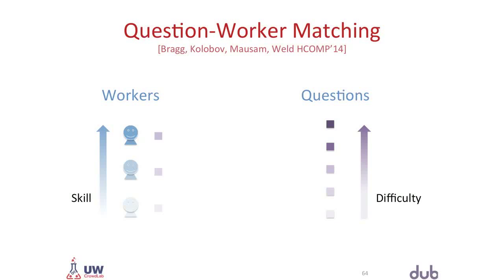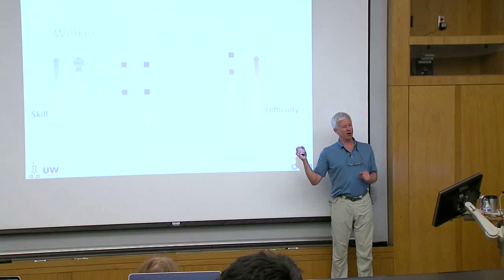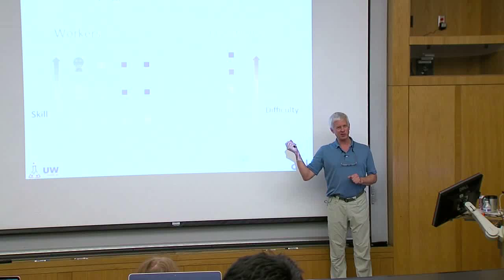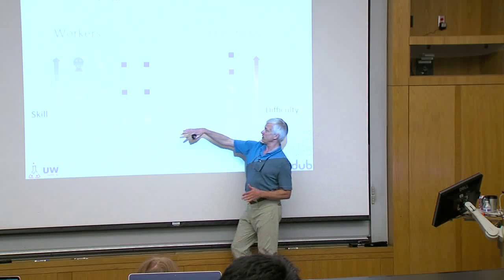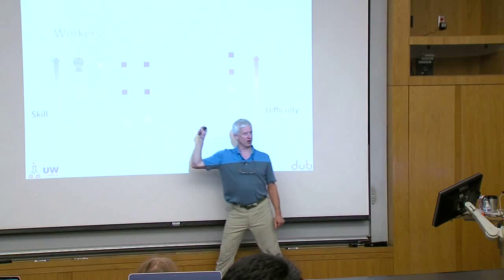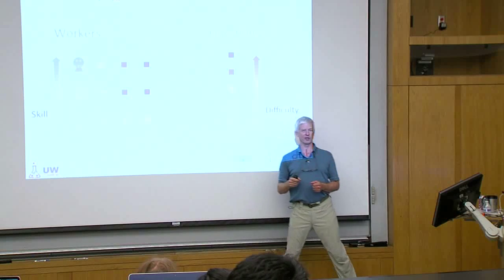So intuitively, what we might like to do is give all the hard questions to the expert workers and give the easy questions to the novices, and that's going to help them build up skill. Or maybe the hard questions are so hard that the experts don't do much better than the novices, in which case we want to give the easy problems to the expert workers because that's where we get the performance.